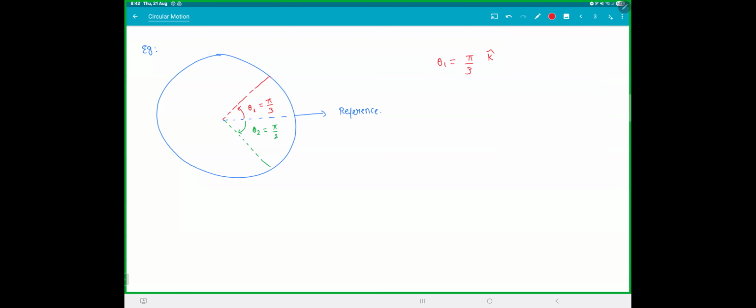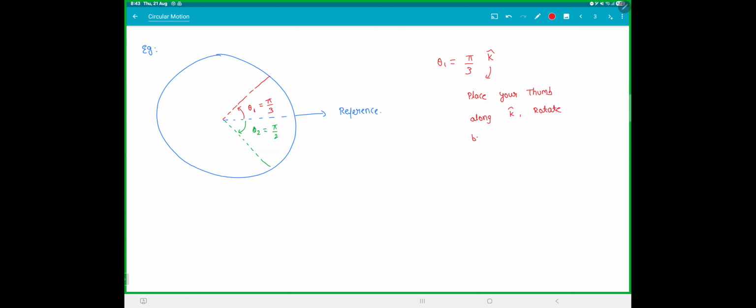Now, it does not mean the particle actually went in the z direction. Put your thumb along k cap. That will be out of the plane, right? And the fingers will tell you how much you're rotating.